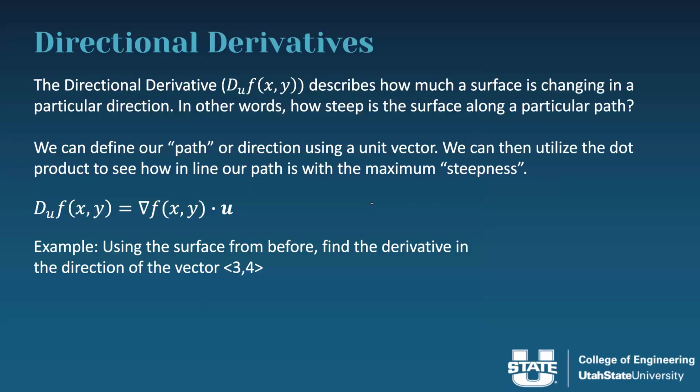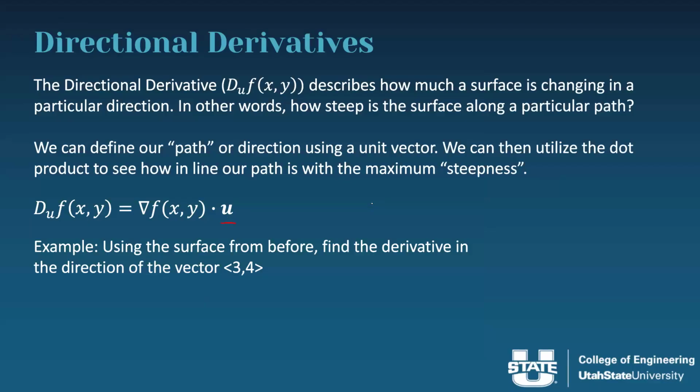And remember when I said that our dot product shows how in line two vectors are? That relates to this, where if we define a unit vector that has the direction of our path, then we dot it with our gradient to see how in line it is with that gradient to see how steep it is, if that makes sense.